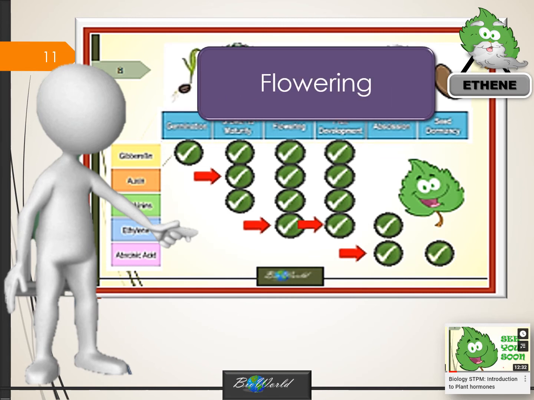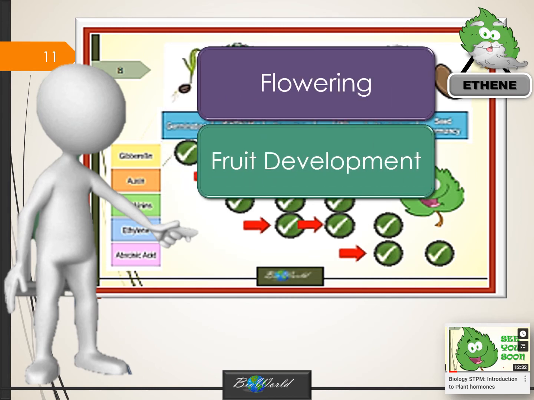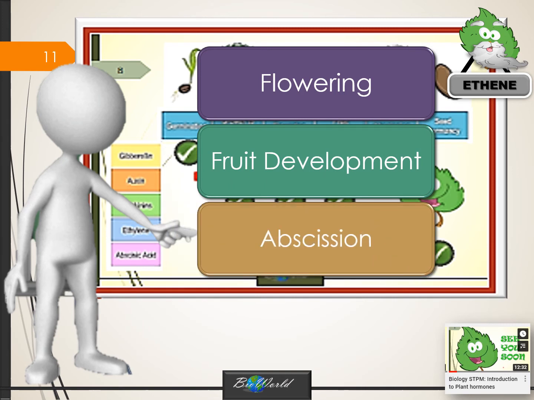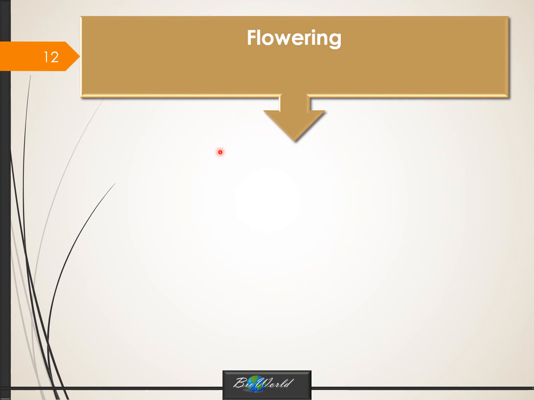That is in the process of flowering, in the process of fruit development, as well as abscission. Let me now take you through the details of each stage, starting with flowering.